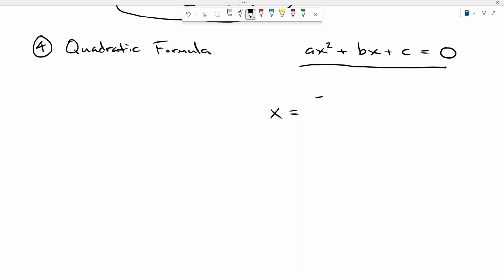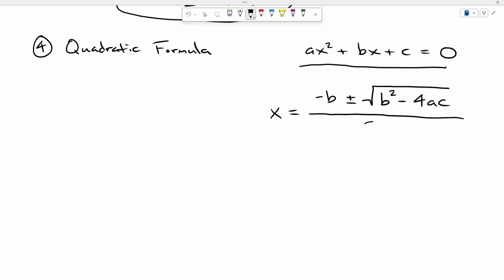So remember, x equals negative b plus or minus the square root of b squared minus 4ac all over 2a. So that will be very important to remember, because like I said, this is a fallback.